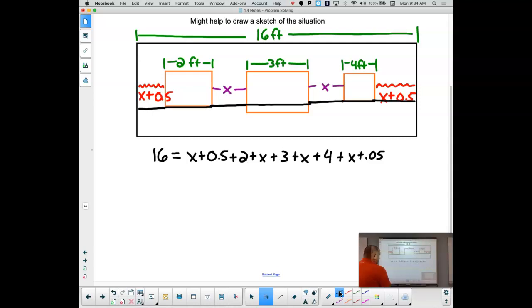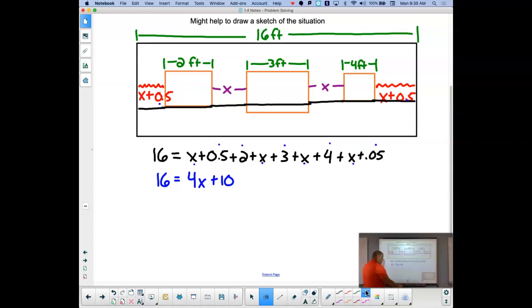Now we can simplify it a little bit. Let's clean up this whole right side. So 16 equals, we've got 1, 2, 3, 4 X's. We've got 0.5, 2.5, 5.5, 9.5, 10. 2 plus 3 is 5, plus 4 is 9, plus the half over here, plus the half over there gives me 10.